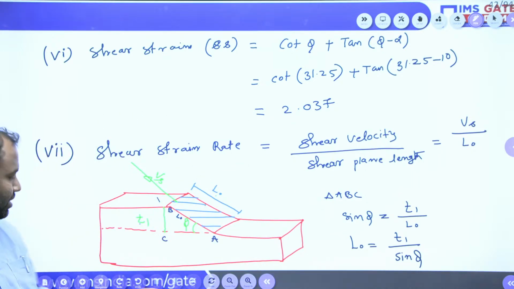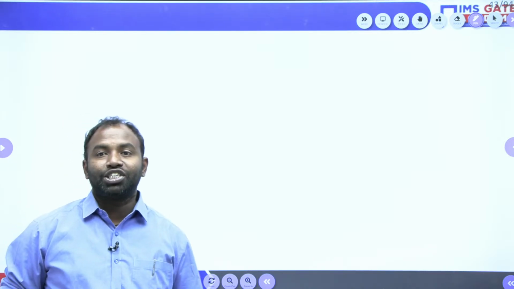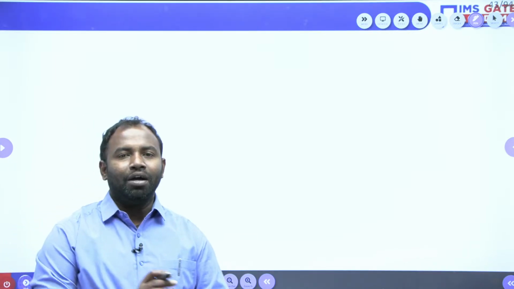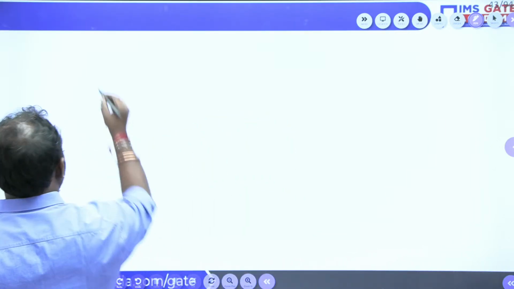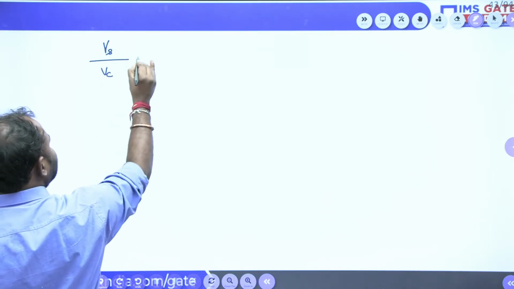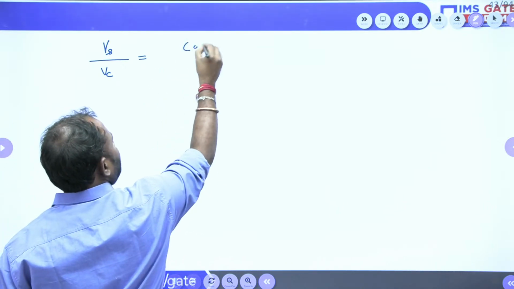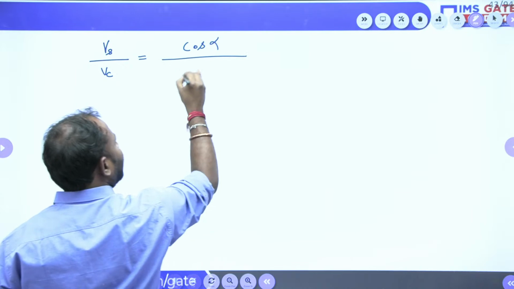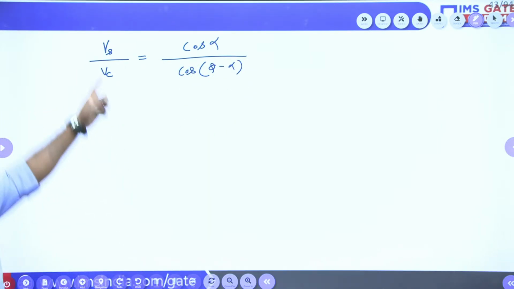Let us calculate Vs. We have a relation from the velocity triangle in metal cutting: shear flow velocity divided by cutting speed is equal to cos alpha divided by cos of phi minus alpha. From there I can find this.